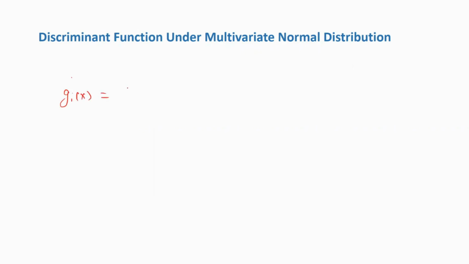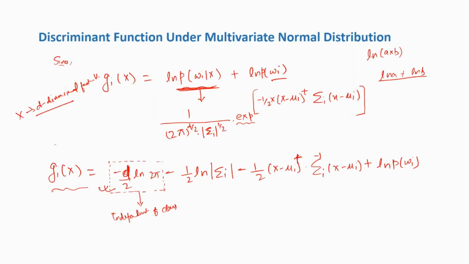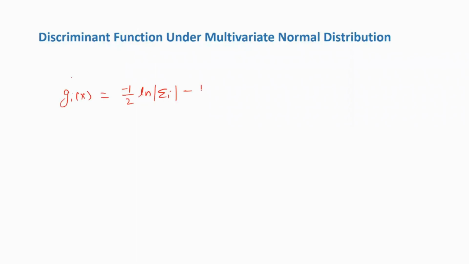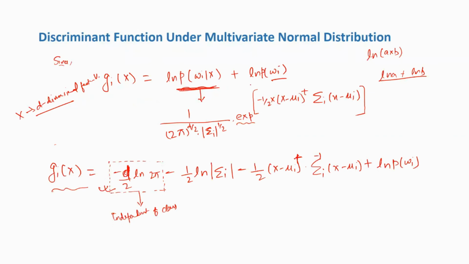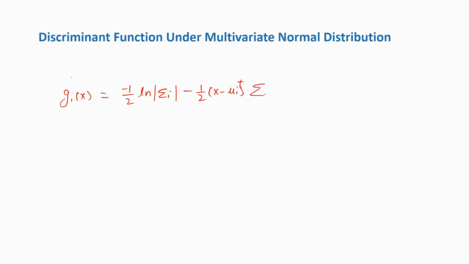can be given as minus 1 by 2 ln of the determinant of the covariance matrix, minus 1 by 2 (x minus mu i) transpose, into the covariance matrix to the power minus 1, meaning inverse, times (x minus mu i), plus the remaining term, ln of P(omega i).